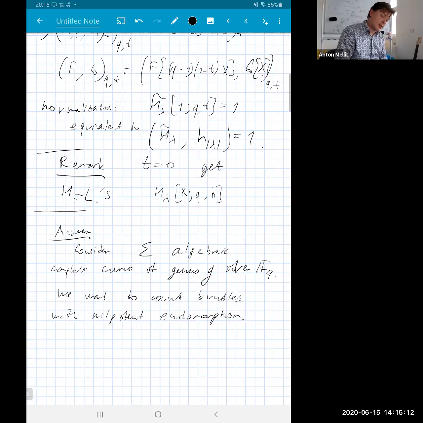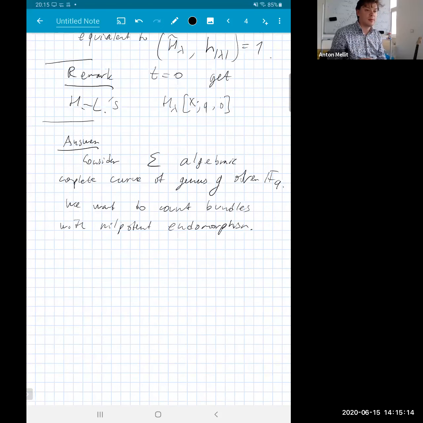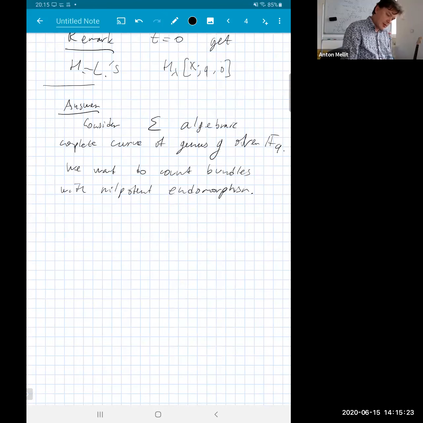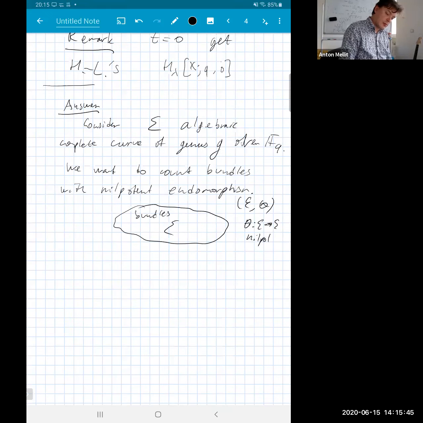Before, we were writing a sum over some objects, one over the automorphisms, and then partial flags. So here is how we translate this: we have this sigma, and on sigma we have bundles with endomorphism. These are pairs E and theta, where theta is a nilpotent map from E to E. And we want to get symmetric functions out of this.